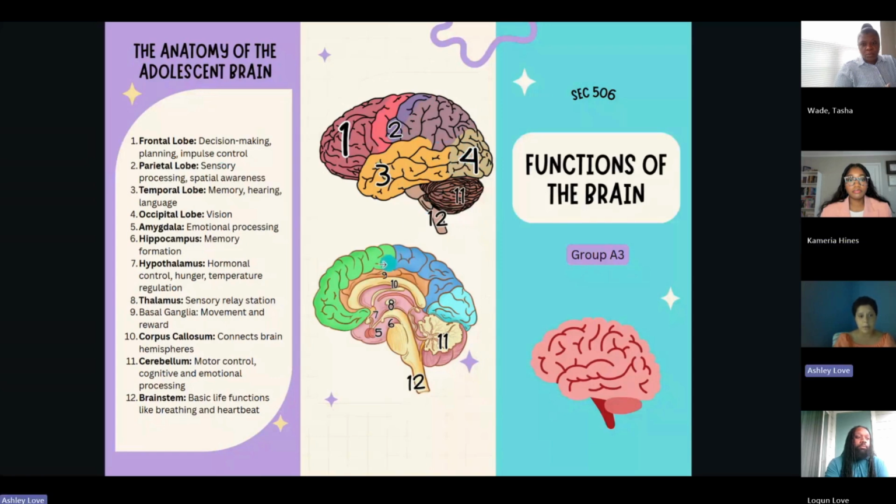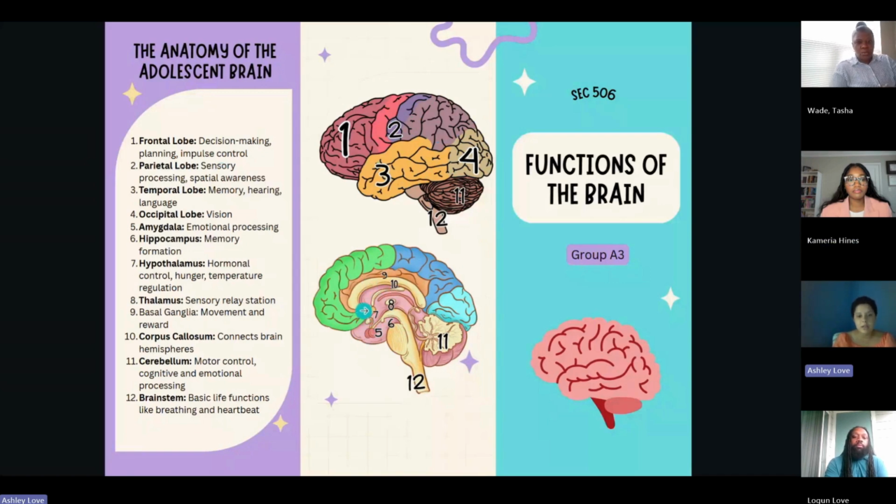And for number 5, it's this little guy right there where my little cursor is. That is the amygdala, the emotional processing.